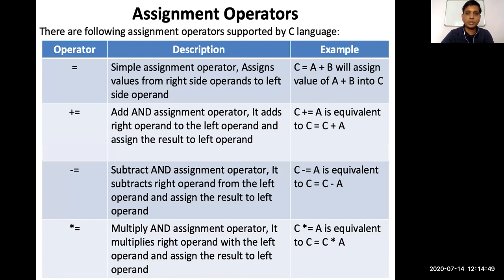Shorthand notation is also there. Suppose C is equal to C plus A. You can execute it by its equivalent expression C plus equal to A. So when you write C plus equal to A, this is nothing but C is equal to C plus A. Only the writing is different.